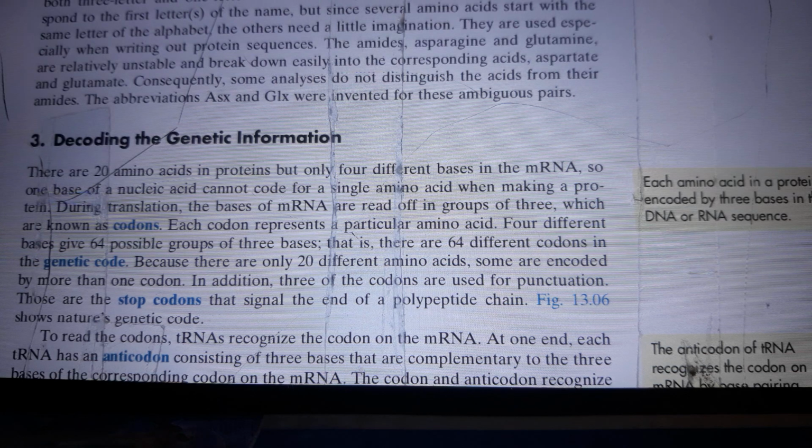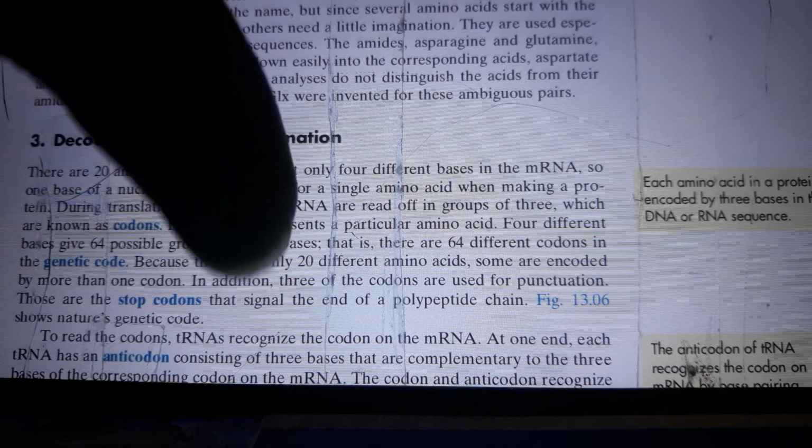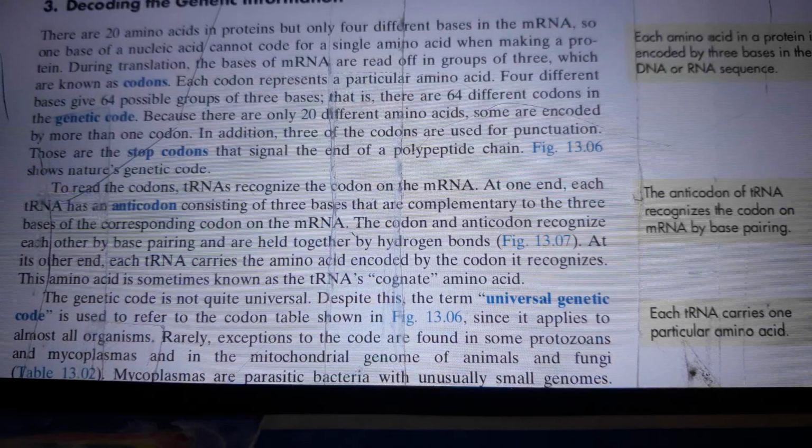Now, going to the next portion, decoding the genetic information. There are 20 amino acids in proteins, but only 4 different bases in the mRNA. So one base of a nucleic acid cannot code for a single amino acid when making a protein. During translation, the bases of mRNA are read off in groups of 3, which are known as codons.